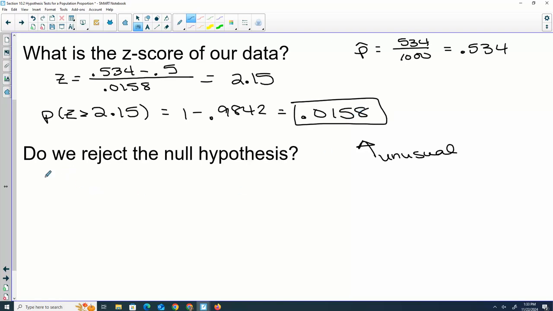So would we reject the null hypothesis? Yes. I'm going to write a sentence, not that you would have to on your homework, but just so when you go back you understand what this means.